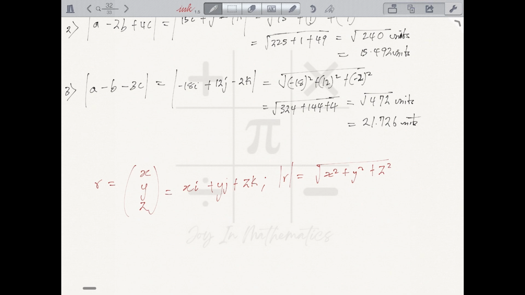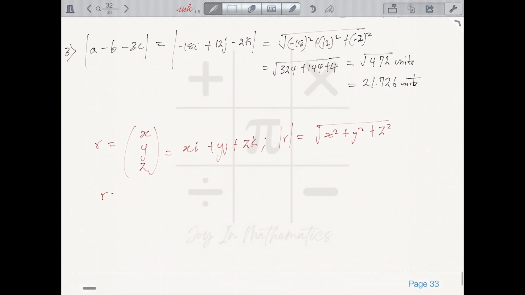The same thing applies if it is a two-dimensional vector. If R is equal to (x, y), the vector in terms of components of unit vectors will be xi plus yj, and the magnitude of this will be given as the square root of the sum of the individual squares, which is the square root of x squared plus y squared.